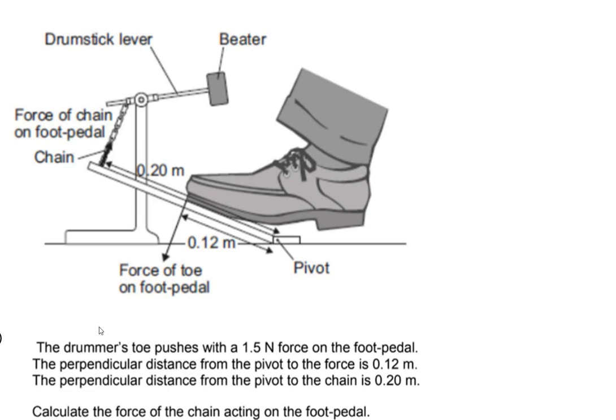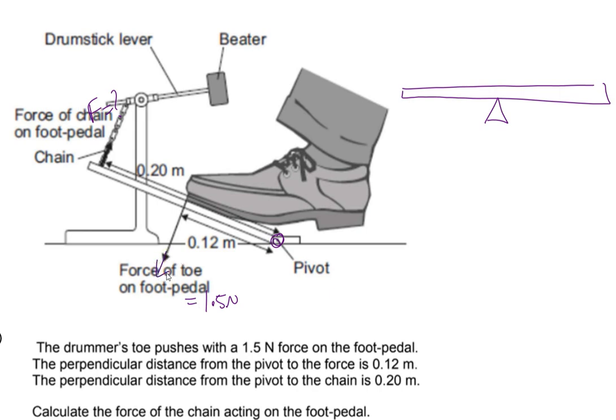Now here we need to work out, so the drummer pushes with force F. So this force F we know, this is 1.5, and we're looking for this here. Okay. Now what I'll do is I'll redraw this in terms of the nice lever and pivot. So we've got the pivot here. Now we want to identify which ones are anti-clockwise and which are clockwise. Now, this force here goes down, yeah?